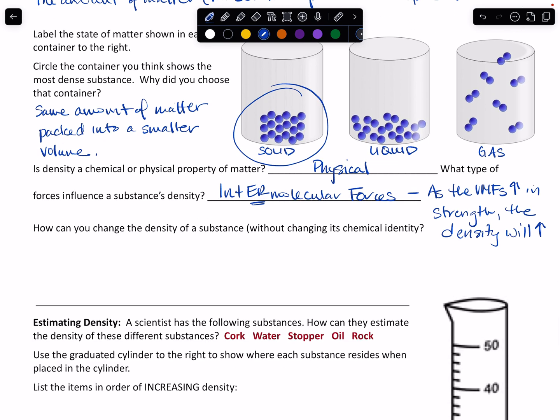All right. How can you change a substance's density without changing its chemical identity? Well, that is that state of matter idea. So if you change the state of matter, then the density will also change.